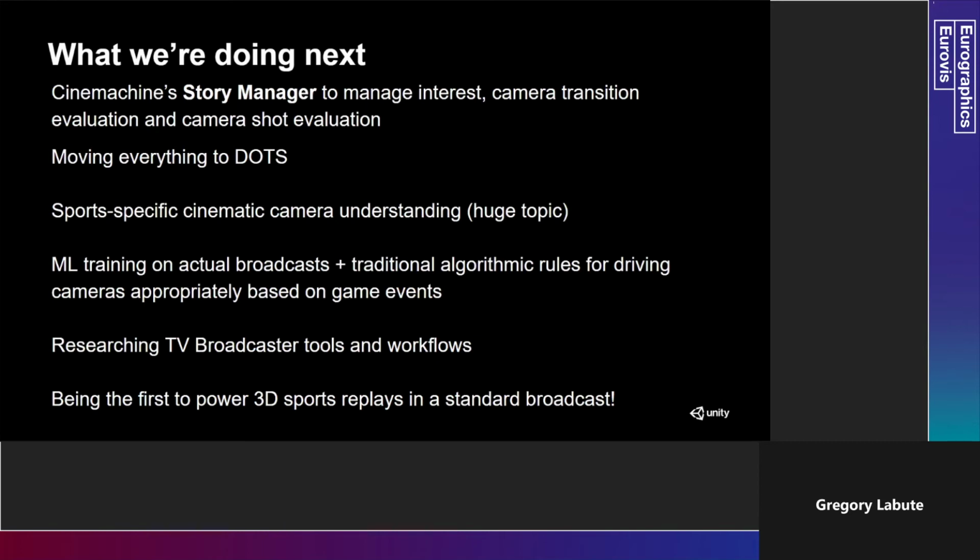The question it answers is, what needs to be seen on the screen right now in order to best advance this story? If I've got 20 players of a game, depending on what they're doing, they're going to get different levels of interest.